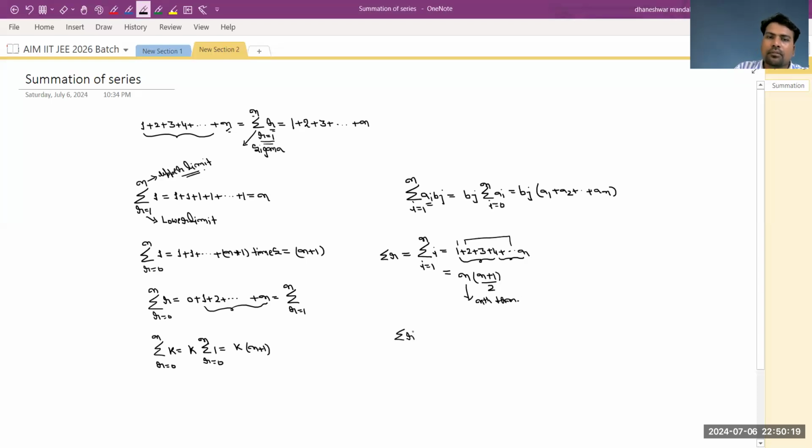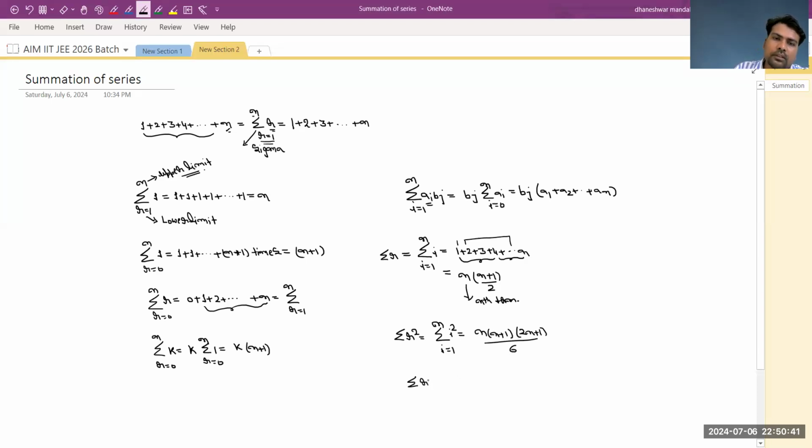If we have the summation of r square, with r varying from 1 to n, the solution of this term is n times n plus 1 times 2n plus 1 divided by 6. This is the formula for the summation of r square.